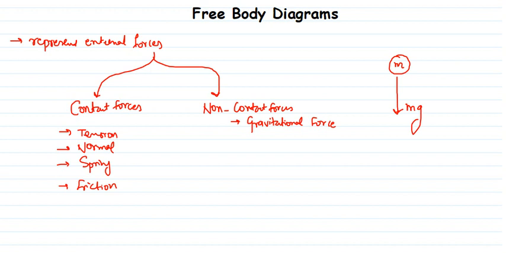Now let's come to contact force. The most important contact force for us will be, first, normal force. So what is normal force? Let's write down the properties of normal force first.